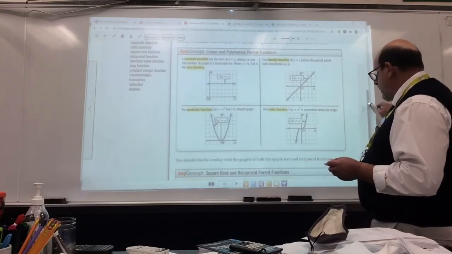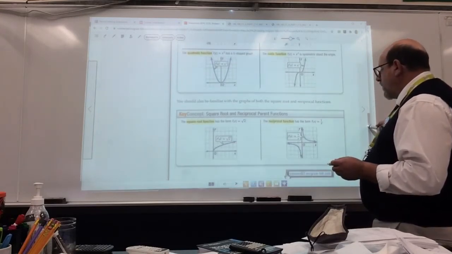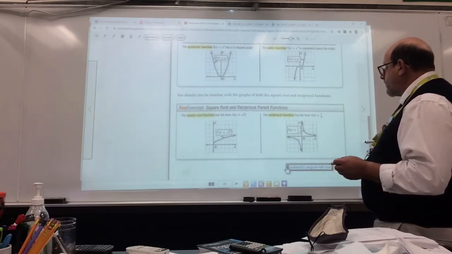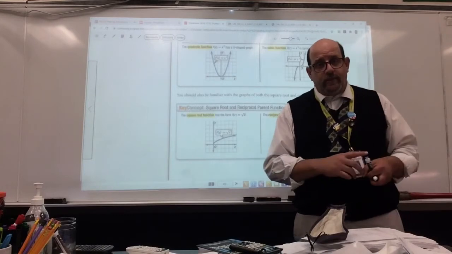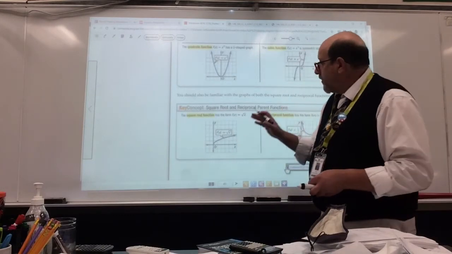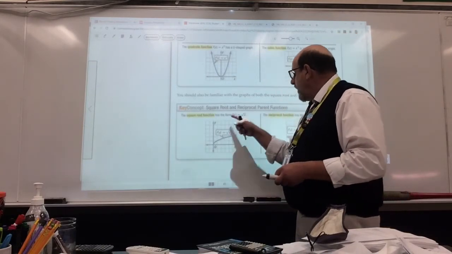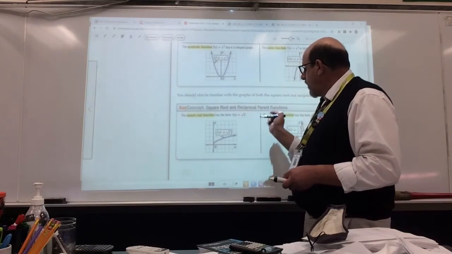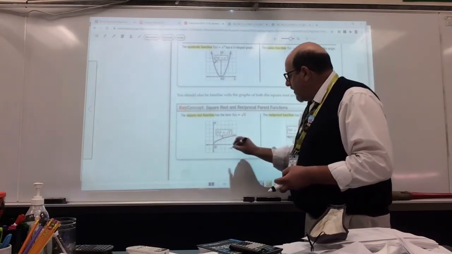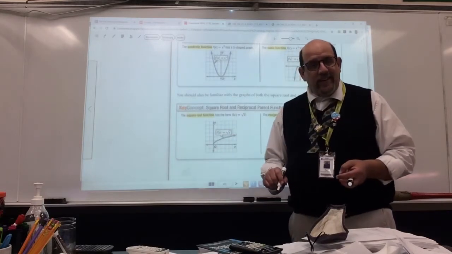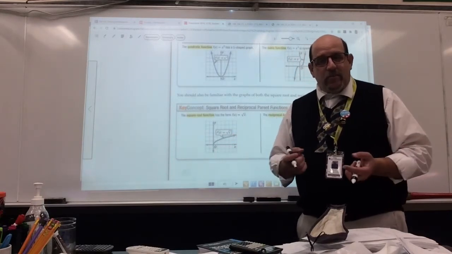Actually, I think I'm going to show you 4 more. All right. So the square root function. The square root function is kind of cool because it's f of x equals the square root of x. Well, the cool thing about it is there's no negative part to it, right? It only exists with positive numbers.